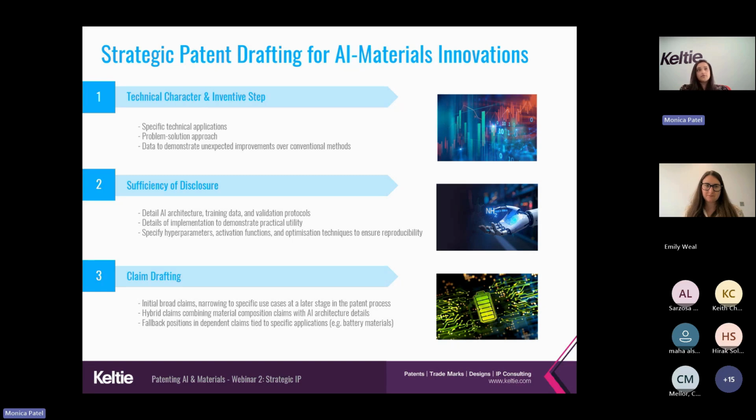So that's also possible. And finally, once you've defined your scope in claim 1, you can define fallback positions in dependent claims. And those fallback positions can be tied to specific applications or specific details within your broadly defined invention of claim 1.